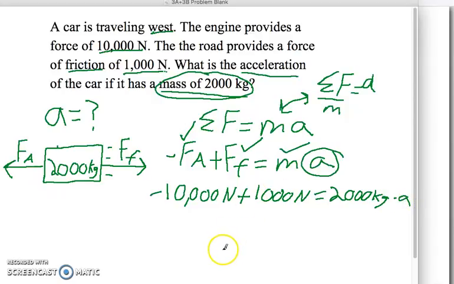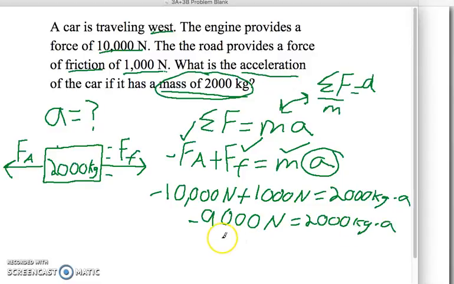And then we combine these, so we get negative 9,000 equals 2,000 kilograms times a. So your acceleration is going to be negative 4.5 meters per second squared, the standard units for acceleration.